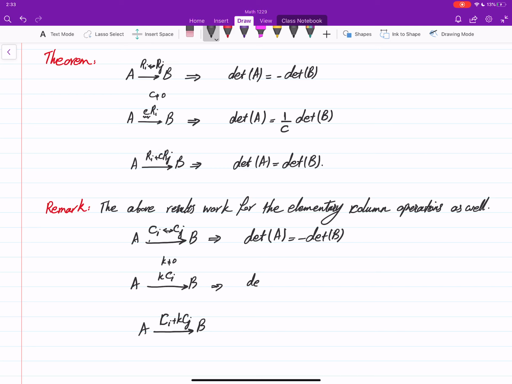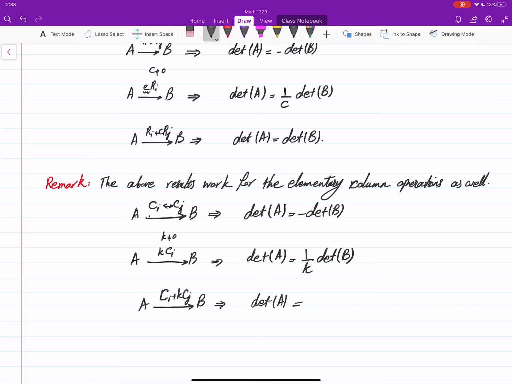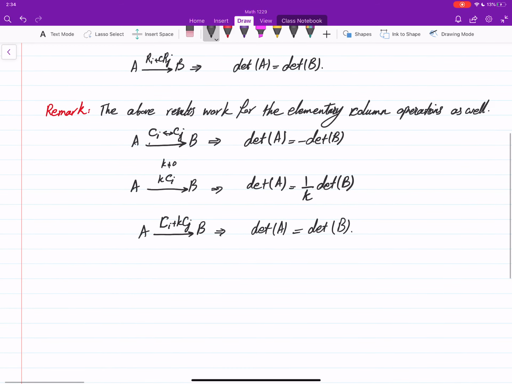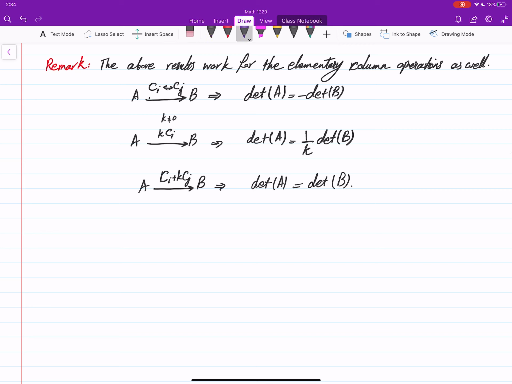If you multiply a column by K, then you have to divide the determinant of the resulting matrix by K. And if you add a multiple of a column to another column, then the determinant stays the same. Well, let's see at least some examples before we move to more details of this in other videos.